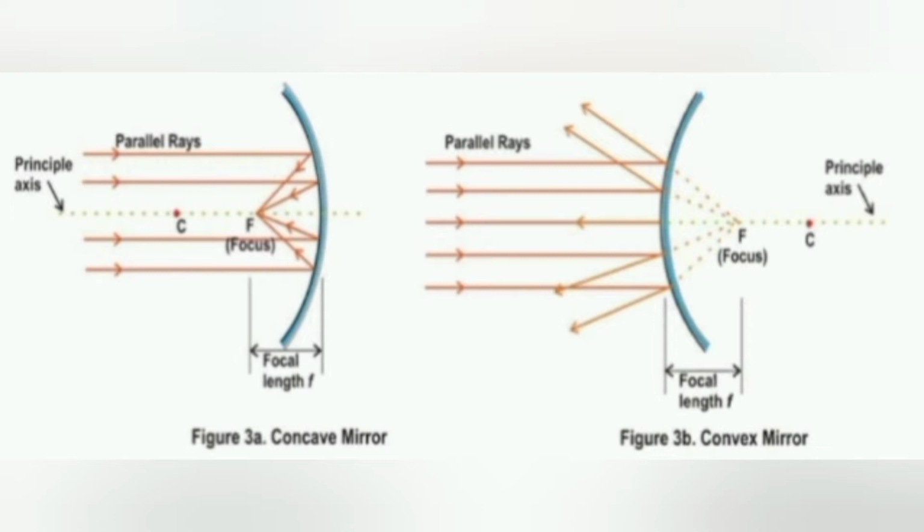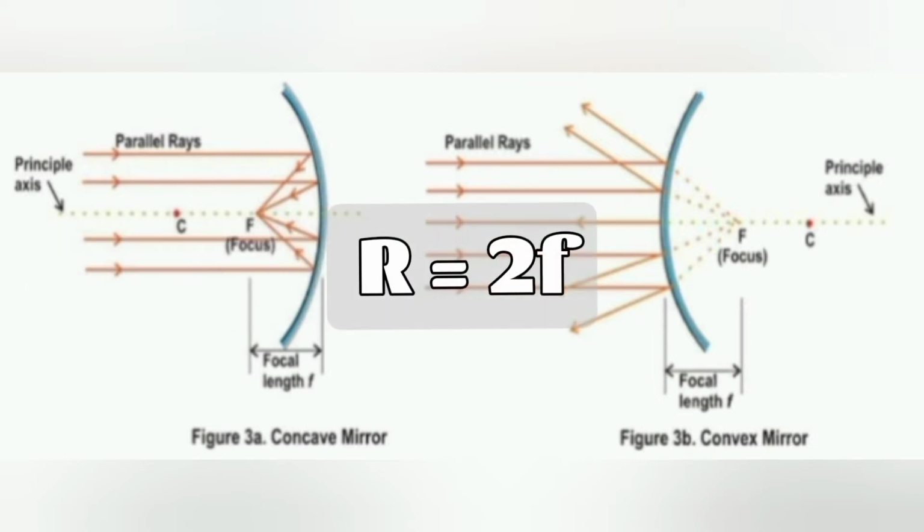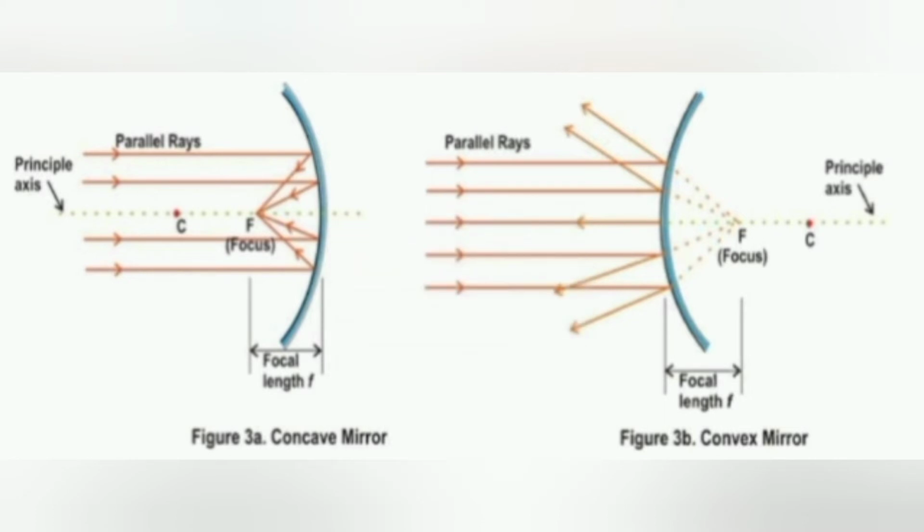There is a relationship between the focal length and the radius of curvature. The radius of curvature is equal to twice the focal length. Don't forget this relation because it is very important from the point of view of numericals. Whenever you do numericals, you will need the help of this relation.